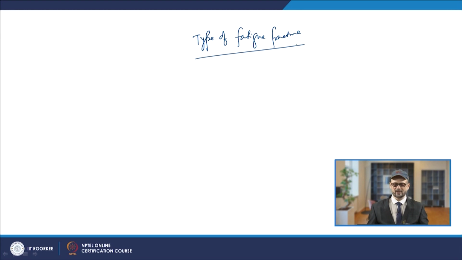The material is subject to a fluctuating load, and it will sustain it for a number of cycles, and only that way do you estimate the fatigue life of the component.